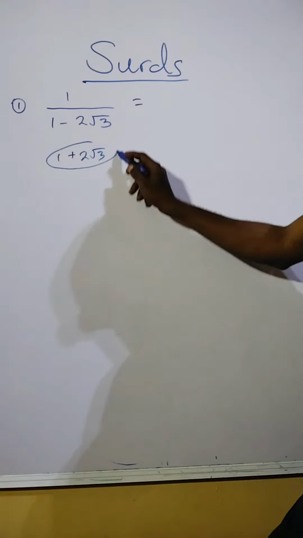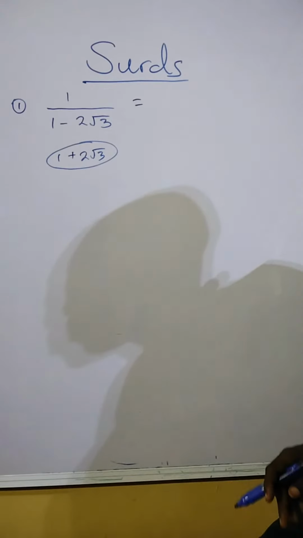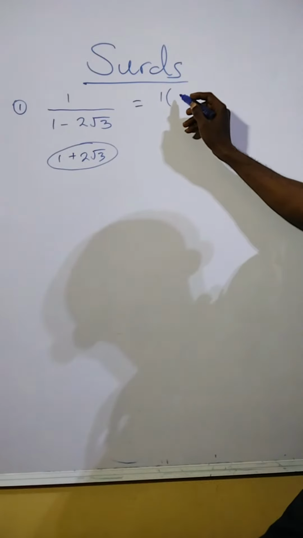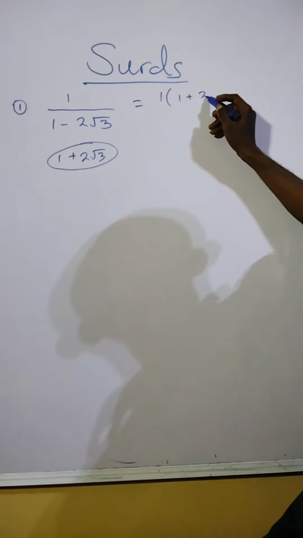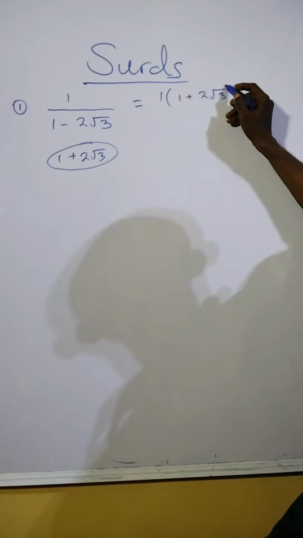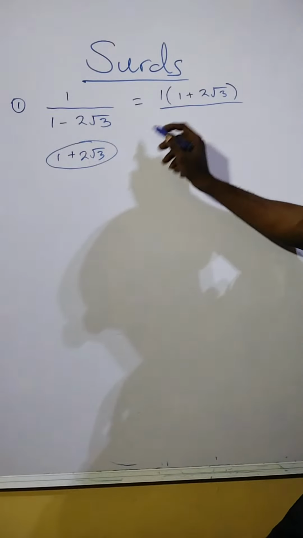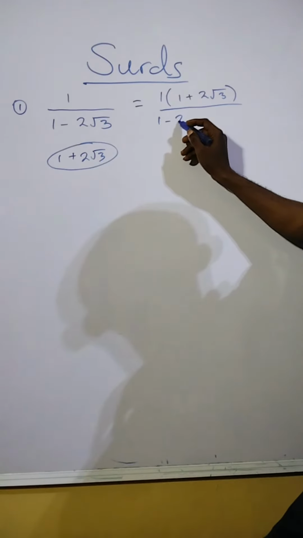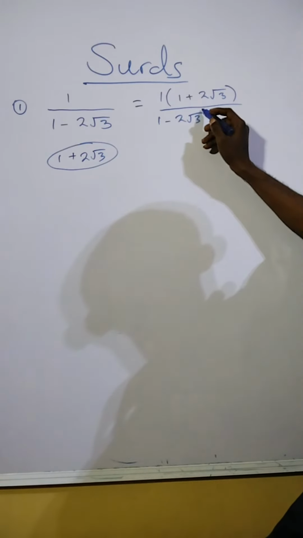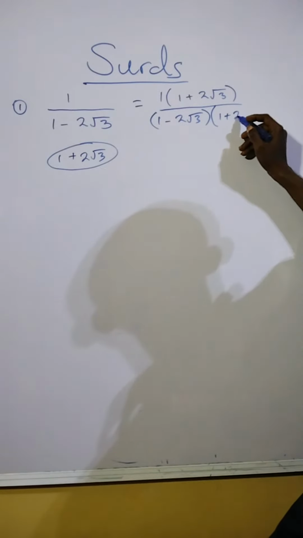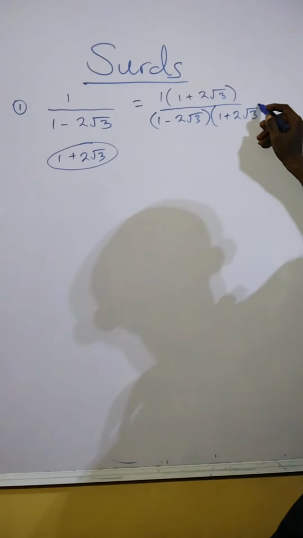So we use this conjugate now to multiply the numerator and denominator, and here it becomes 1 times 1 plus 2 root 3, then divided by, also multiply this by the conjugate, that's 1 minus 2 root 3, multiplied by 1 plus 2 root 3.